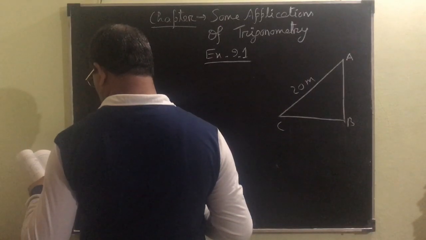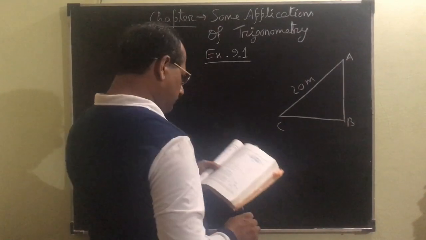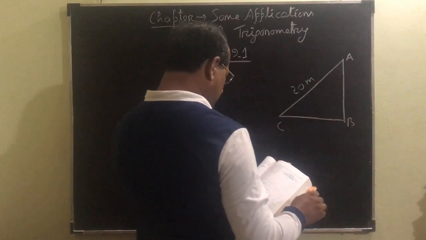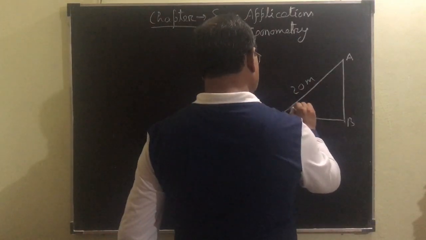Find the height of the pole if the angle made by the rope with the ground level is 30 degrees. This angle is 30 degrees.